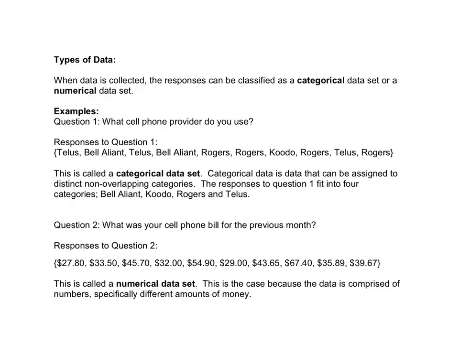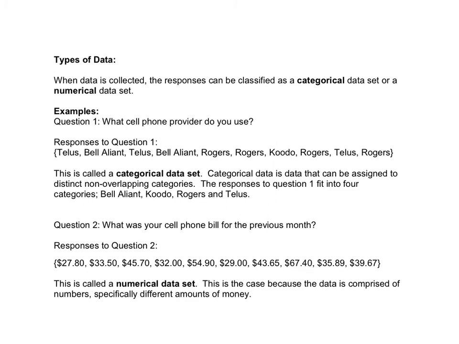Okay, let's move on to looking at types of data. When data is collected, the responses can be classified as a categorical data set or a numerical data set. And by showing you a couple of examples, it'll be easiest to describe what those mean. So for example, question 1, what cell phone provider do you use?